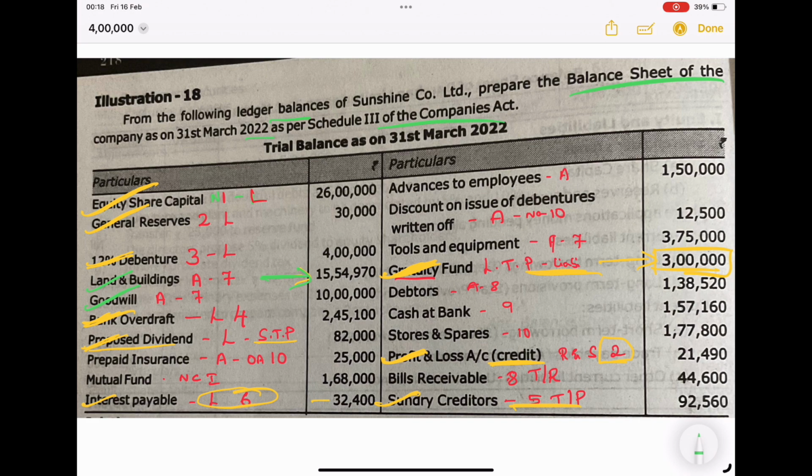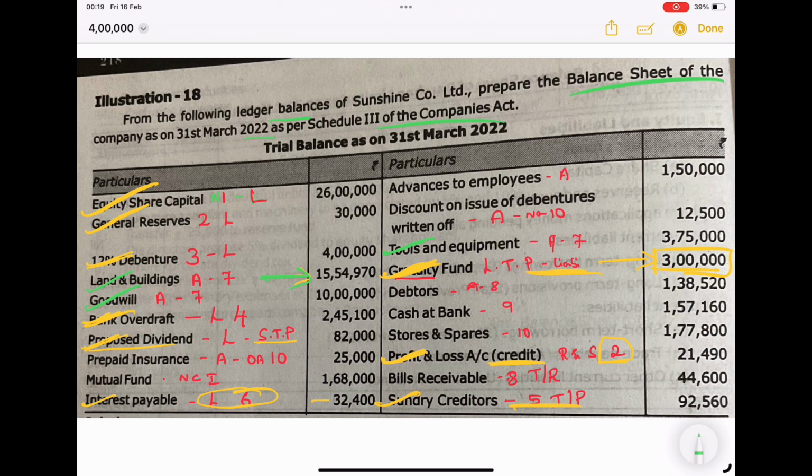Okay, next, tools and equipments, 3,75,000. Any other long fixed assets do we have? We have stores and spares, 1,77,800. Yes, here they have given stores and spares. We can identify this as inventories also.